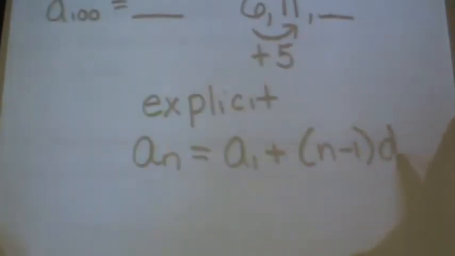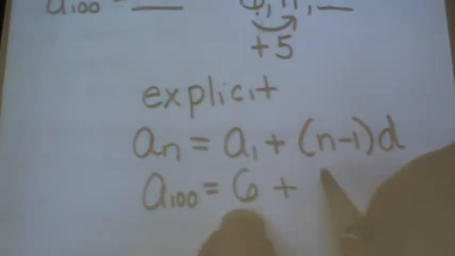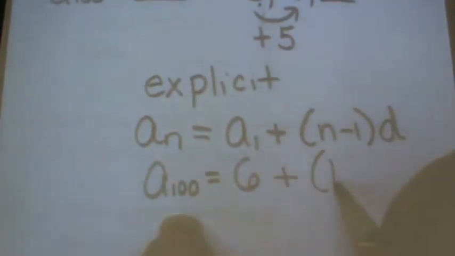The explicit formula looks like this, and the more you write it: a sub n is the first term plus n minus 1 common differences. So, what is the first term in this sequence? I keep breaking my pencils. What's the first term? 6. So if I want the 100th term, I take the number 6, which is the first term. n is 100, minus 1, and what's my common difference? 5.